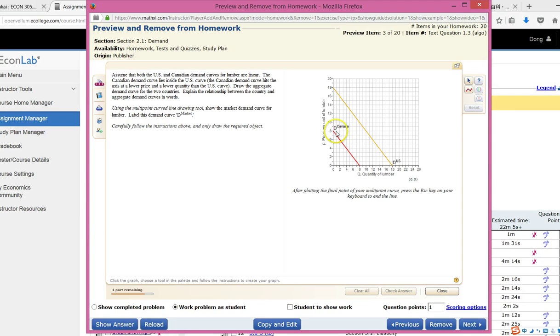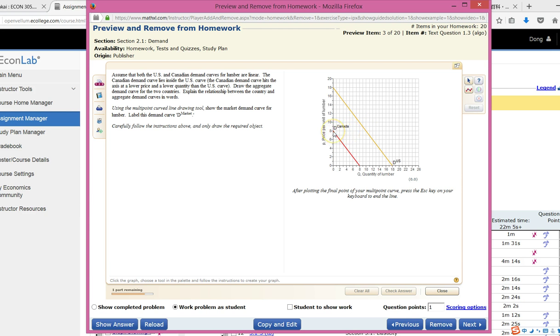So you can see here, above here the price is 8. Above 8, the Canadian demand is 0, because Canadian demand starts from 8, but US demand is positive.